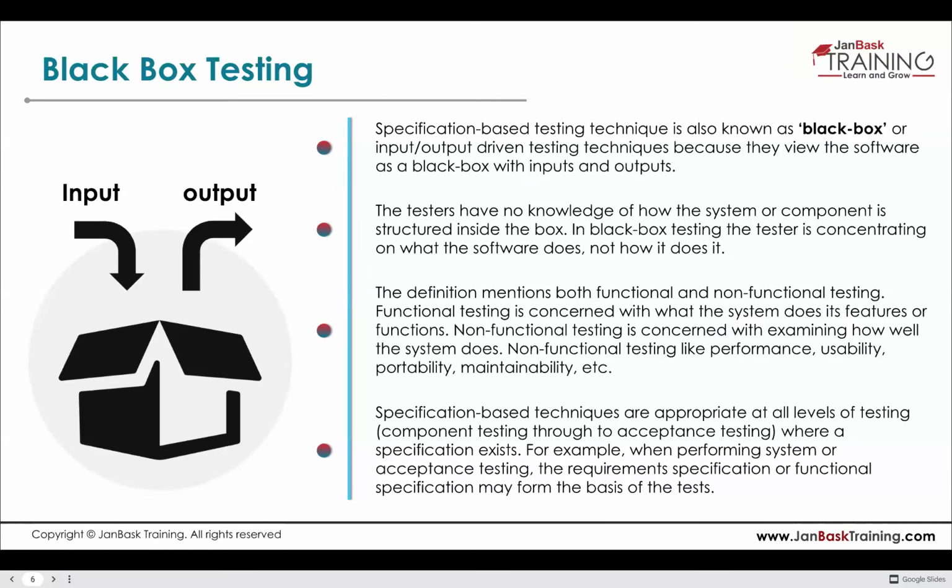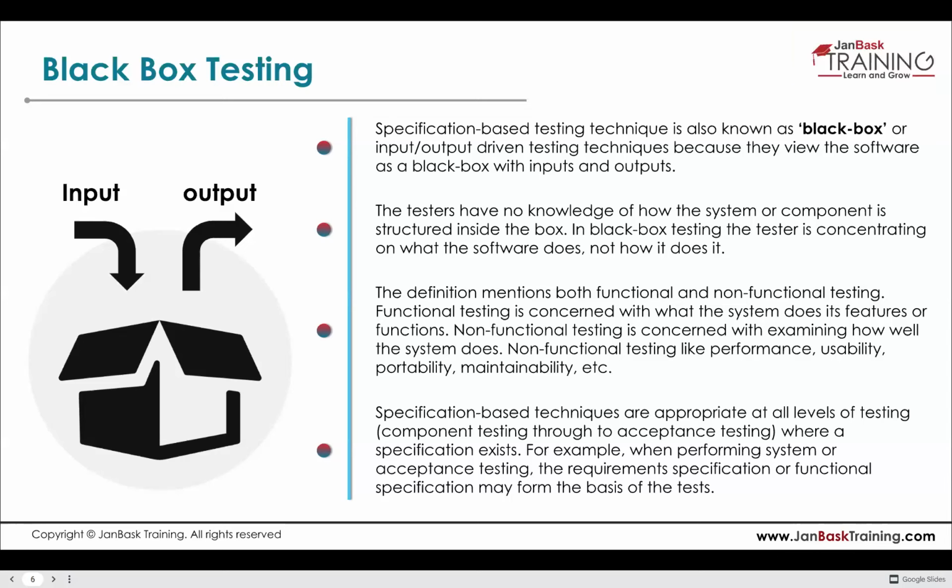If you know what is expected from the software, you will know what input you need to provide, and if you provide that input, what you'll be expecting from the software. Once you get the output from the software, you need to match whether your expected output is matching with the actual output or not. That's it.